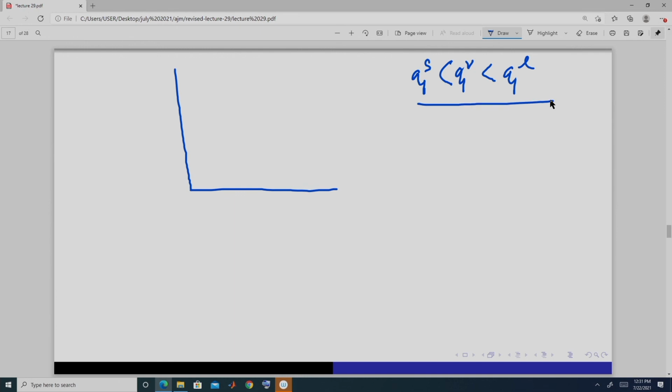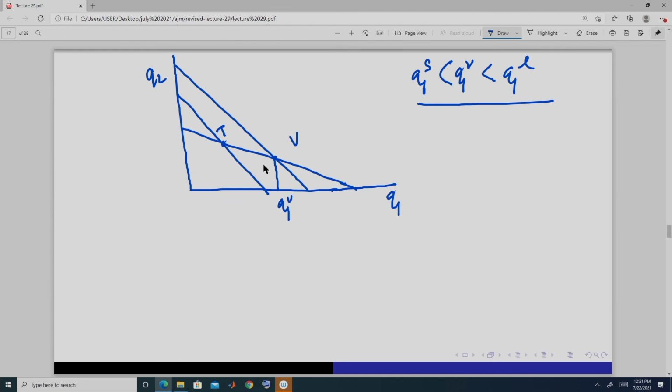Now, let us look at this situation. This is always going to be the case and this is going to be the case. This is Q1S.